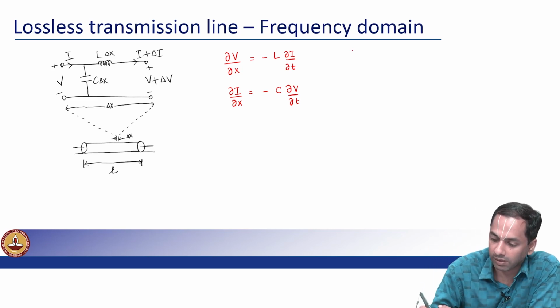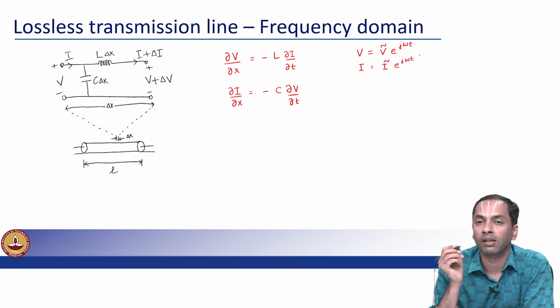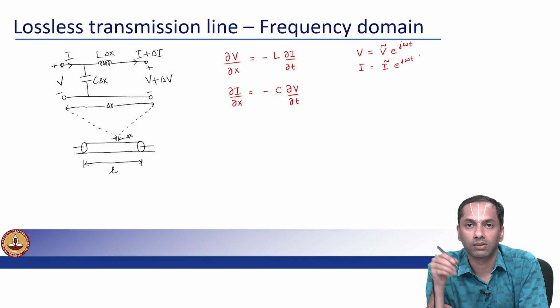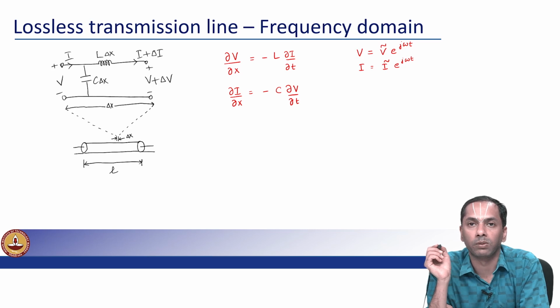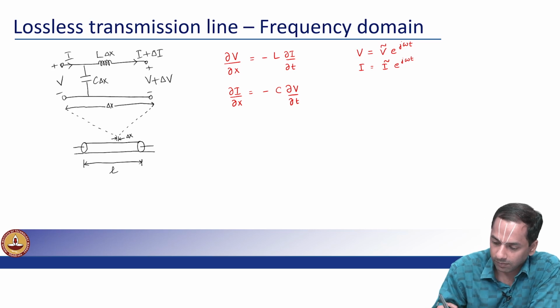So in such a scenario I can write V as Ṽ e^{jωt}, and I can write I as Ĩ e^{jωt}, right? I can substitute these into the telegrapher's equations and see how the equations simplify. So let us take equation 1.